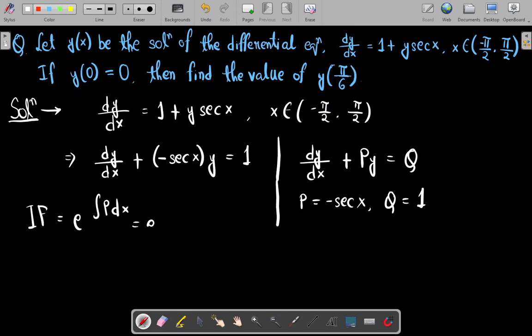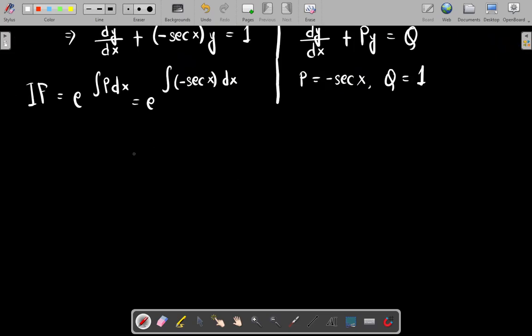So we get the integrating factor e raised to the power integration of minus sec x dx. So on integrating this, the minus goes out here, and integration of sec x dx is nothing but ln |sec x plus tan x|.